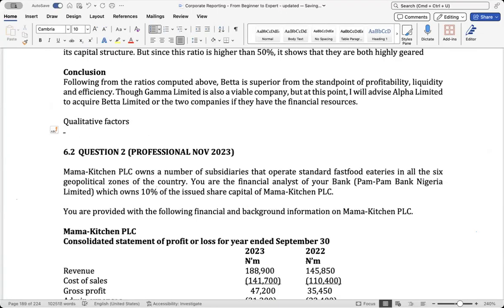Assuming this guy is. So I will consider the regulatory framework in the country where Gamma is situated.